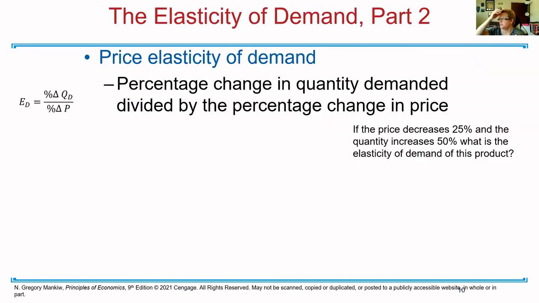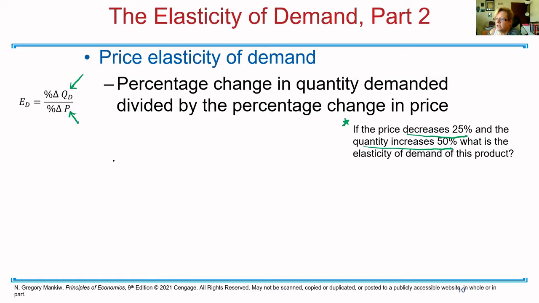Okay, so let's practice a point elasticity. And basically what we're going to do is take the percent change in the quantity demanded and divide it by the percent change in price. So here's an example problem. If the price decreases by 25% and the quantity increases by 50%, what is the elasticity of demand of this product?